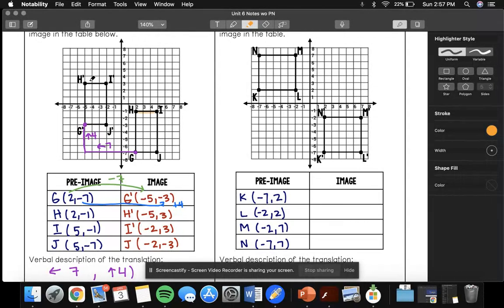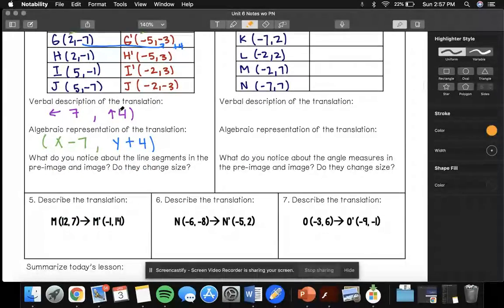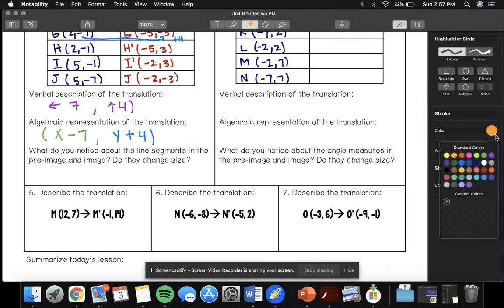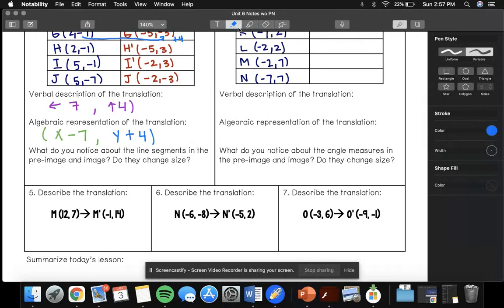Okay, when I look at the transformed picture, I prime, H prime, it's also 3 boxes long as well. So what do you notice about the line segments? It looks like they stay the same. Do they change size? No, they are congruent.